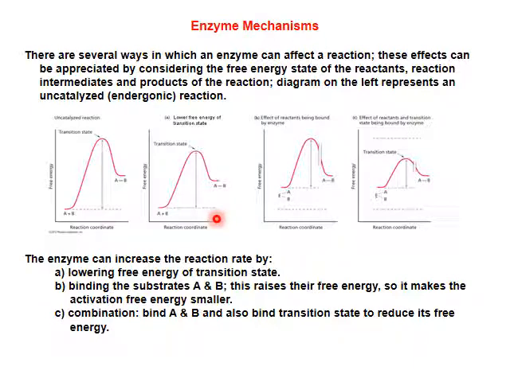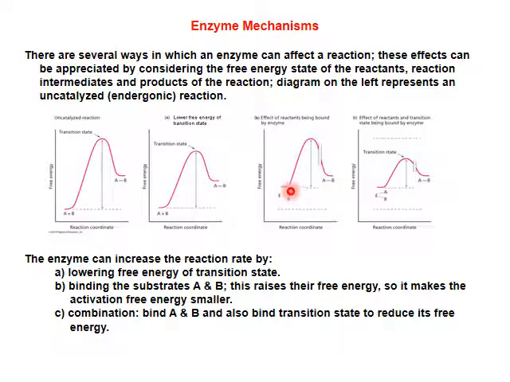Another way an enzyme can catalyze a reaction, if we look back at situation A, is that the enzyme could raise the level of the substrates higher, but not affect the transition state, so that the overall activation energy is lower, and that's shown in B here.